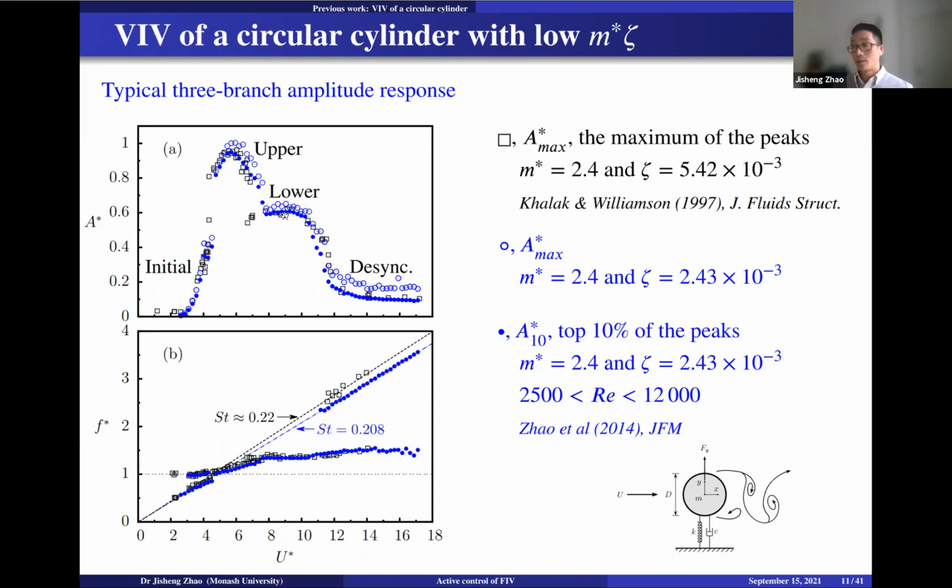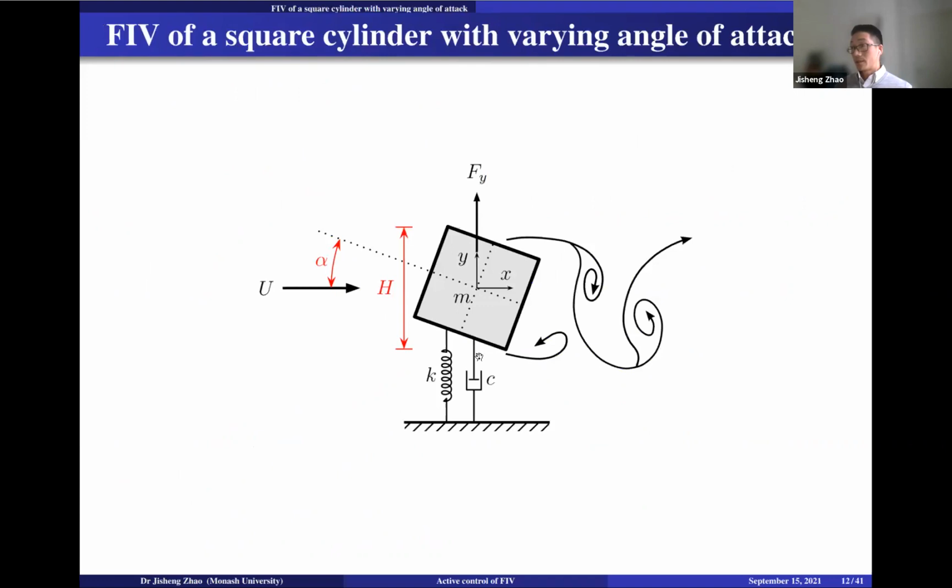Then you can see the two frequency components again, with one matching the vortex shedding frequency of, say, a fixed body, but the other, a weaker component, matching the lock-on frequency. All right, so this is a typical phenomenon for a circular cylinder.